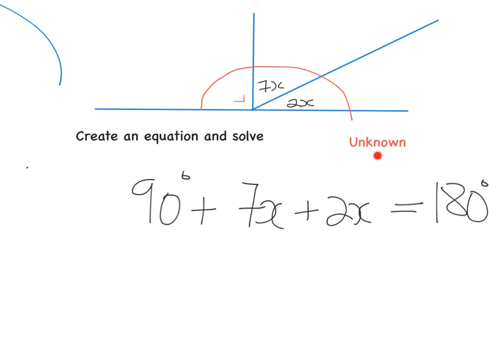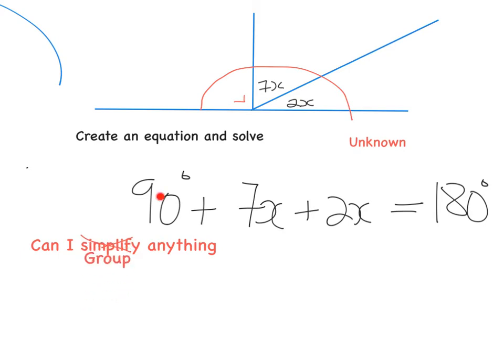An equation is very similar to what we did in the whole last chapter, and we're going to follow the same method. First things first, I've got 90 degrees plus 7x plus 2x equals 180. I'm asking myself, can I simplify anything here, or perhaps a better word, group anything here?